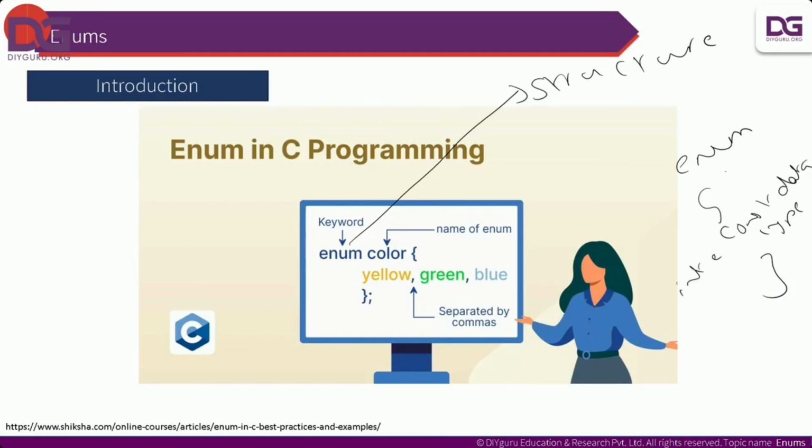Same as a structure, we need the keyword, then the name, then we put the parameters inside, separated by commas. So that is your enums.